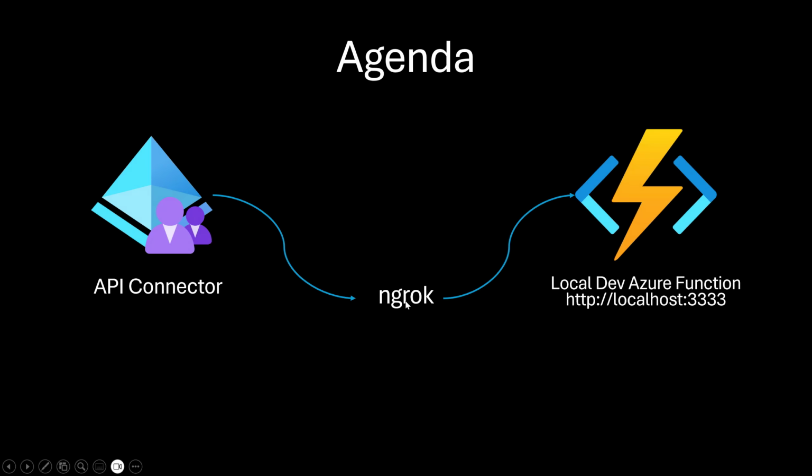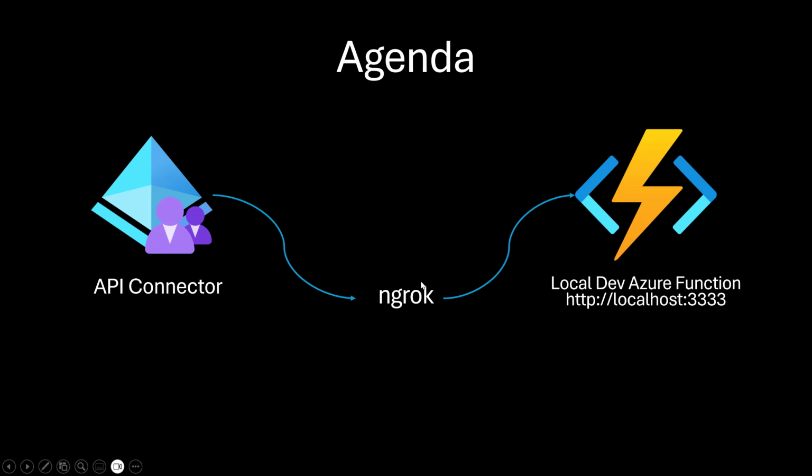All right, so what is this ngrok thing? Why do we need it? Basically, our function is running locally, on HTTP localhost with your port ID. But the API connector is inside Active Directory B2C. So how, during the development phase, can B2C send a request to our Azure function that runs locally on our machine? Here is where ngrok comes into play.